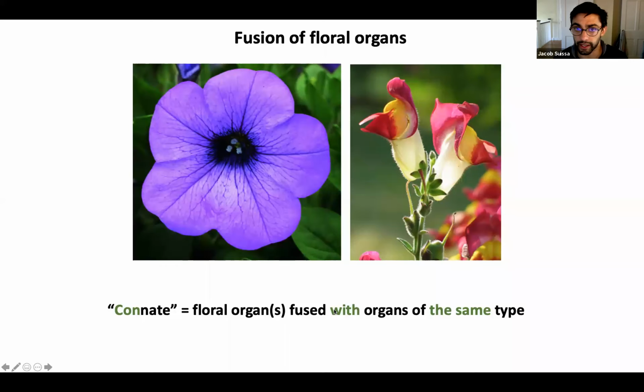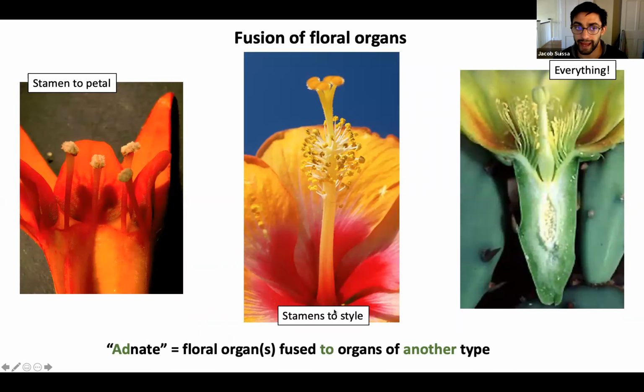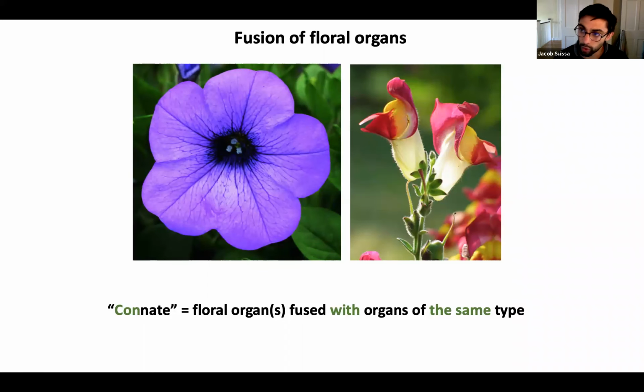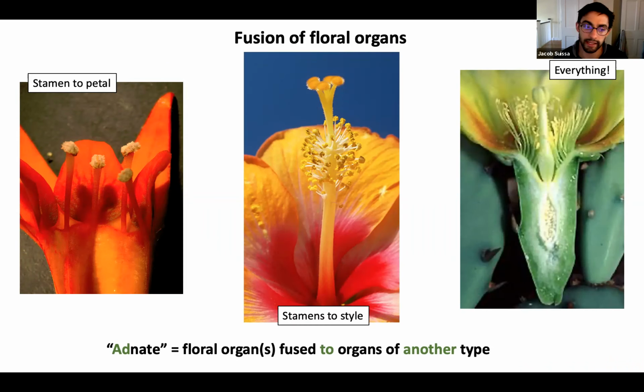And this is distinct from what we term adnation, or adnate, which is non-like floral organs fusing together. So connation is like organs fusing together, and adnation is non-like organs fusing together.